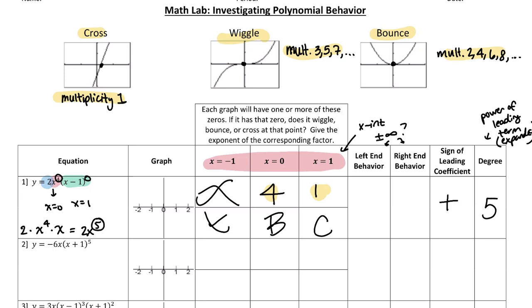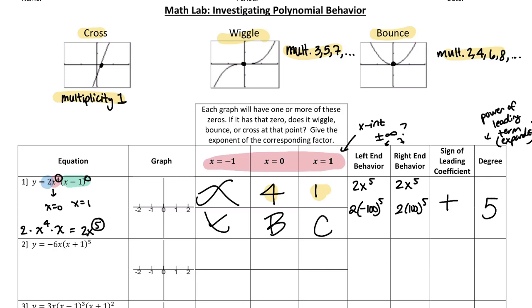Okay, now when we think about a 5th degree polynomial, what we can do to help us figure out the left and right end behavior is imagine our leading term, and we can plug in a negative x value and a positive x value.